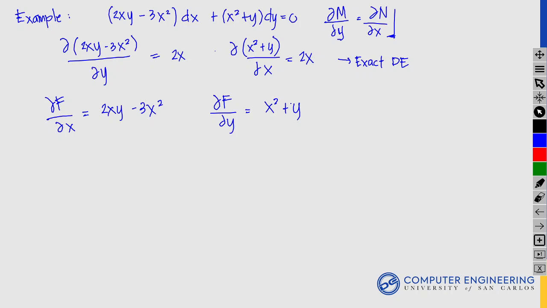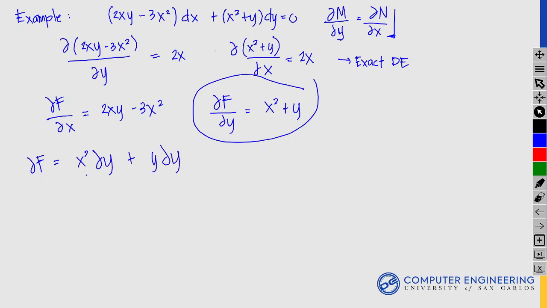So let's go with that one. This is the winner. So the derivative of f is equal to x squared plus y. We integrate: f is the integral of x squared dy plus the integral of y dy.